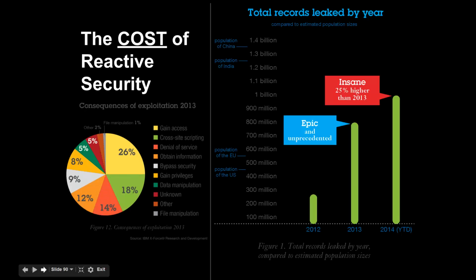So, getting back to the cost of reactive security, if each one of these database records costs $140, we'd be looking at $140 billion per year in just records leaked. That's only, where is it? Obtained information. It's only 26% of this pie.